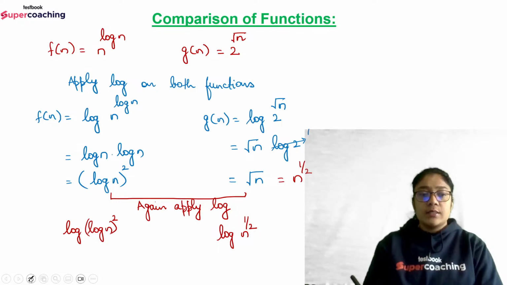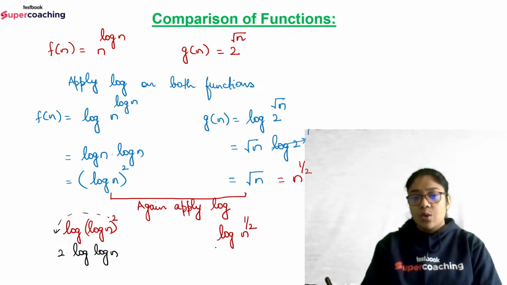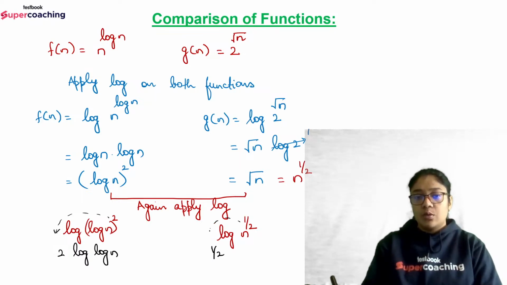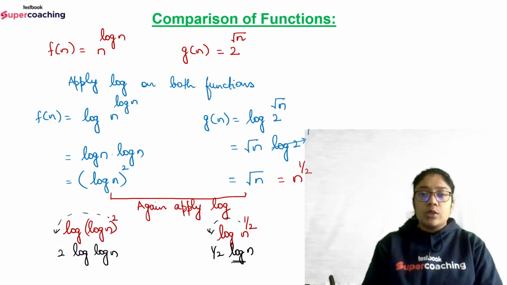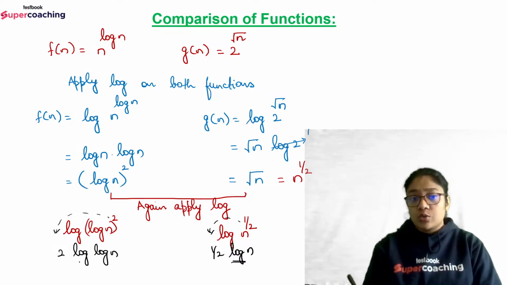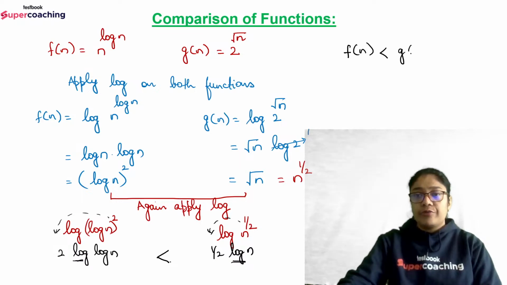Now simplify this. This comes out to be 2 log of log n, and this is 1 by 2 log n. Now see, log of log n will be smaller or log n will be smaller? Obviously log of log n, since you are taking the log again of a value, this term will be smaller. So the conclusion is that f of n is smaller than g of n.